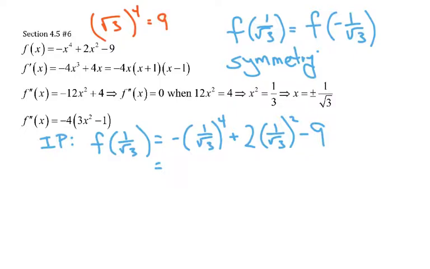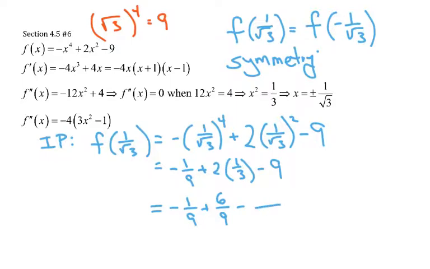So this is negative 1/9 plus 2 times 1/3 minus 9. Now, I know this is not fun to do, but we can do it. Negative 1/9. 2/3 will be the same as 6/9. And 9, if I want to get a common denominator here, 9 times 9 is 81.